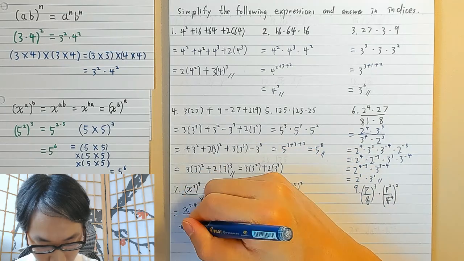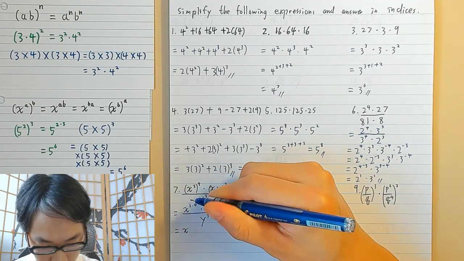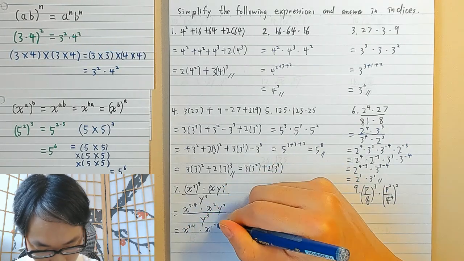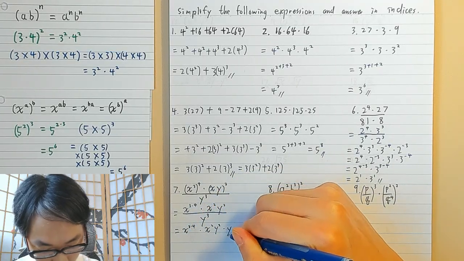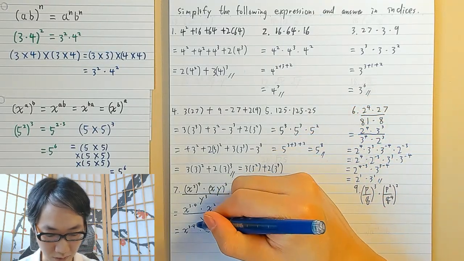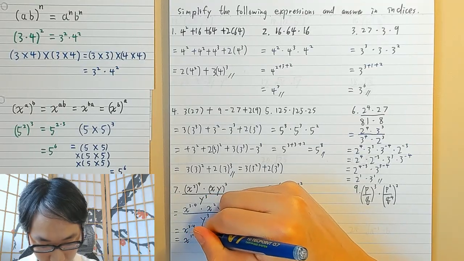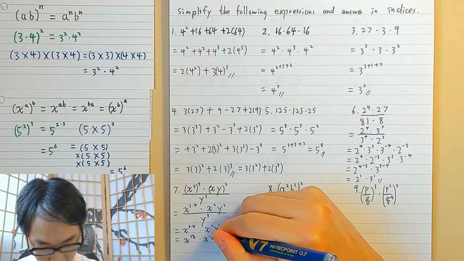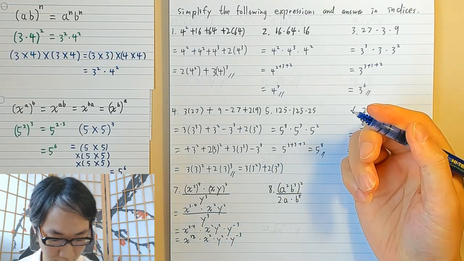This is equals to x to the power of 3 times 4 times x squared y squared times y to the power of negative 3. So this will be x to the power of 12 times x squared times y squared times y to the power of negative 3.